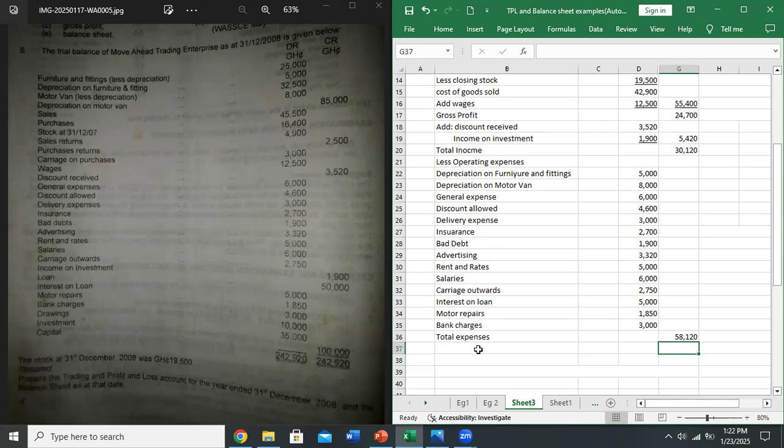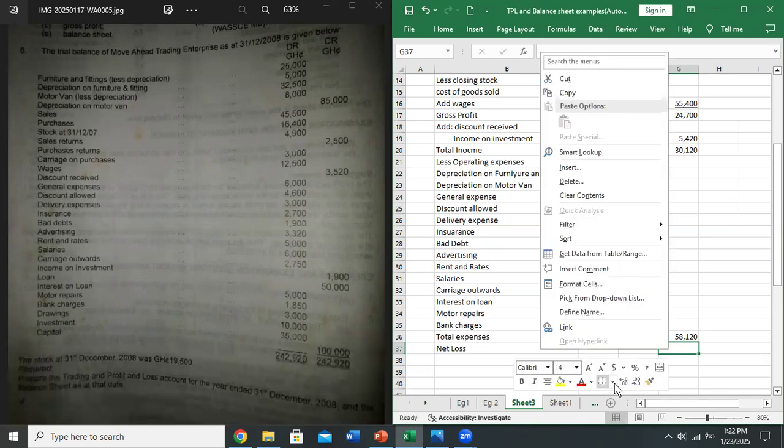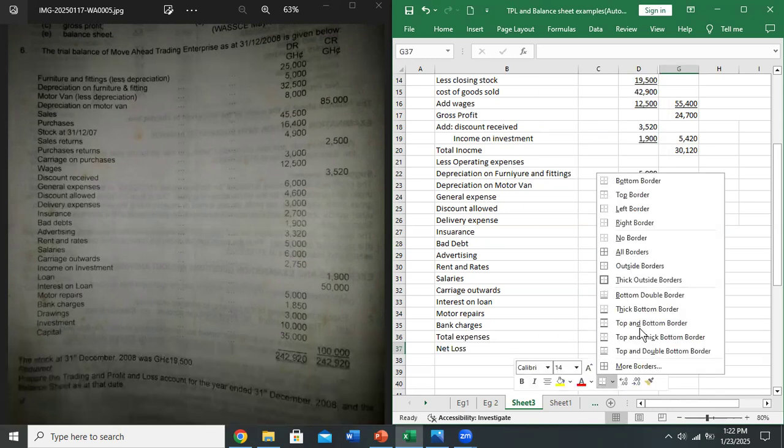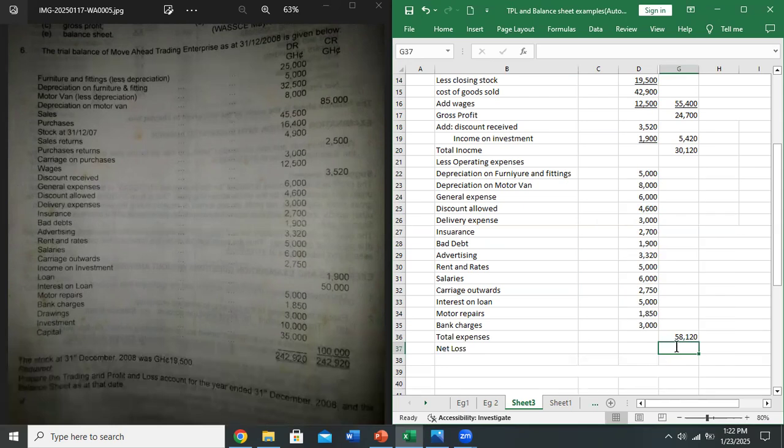So it means we are going to get a net loss. And I think professors had net loss, and that's great. Hoping that the figure will be the same. So we have a net loss of 28,000. So you indicate net loss 28,000. That is it. How many of us got the figure 28,000?